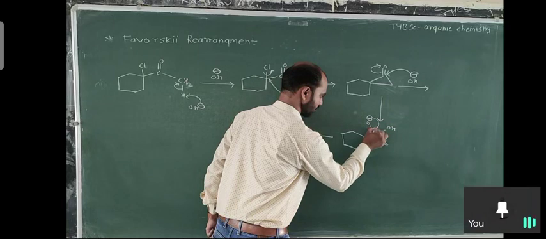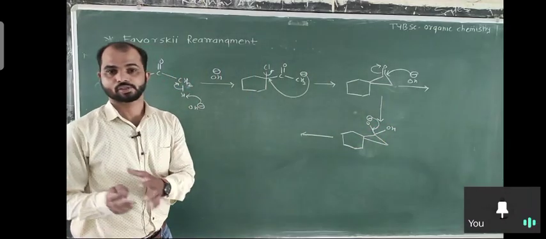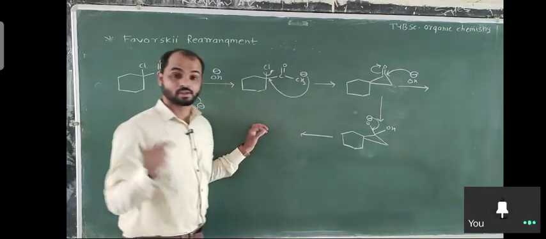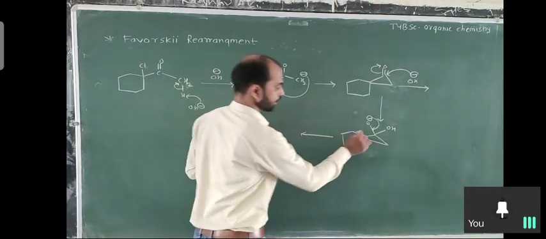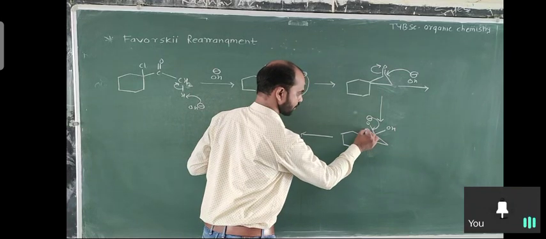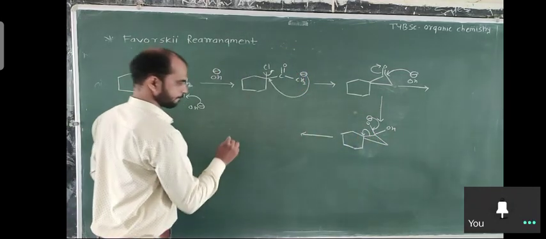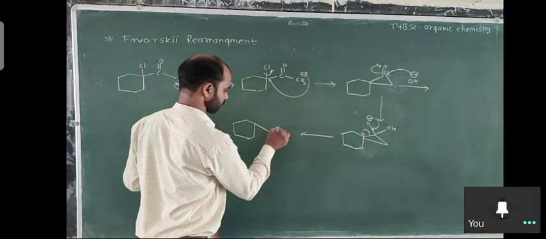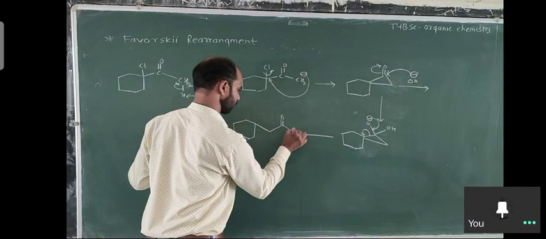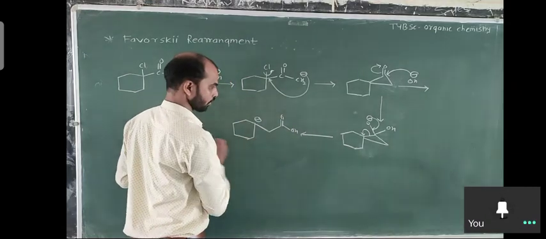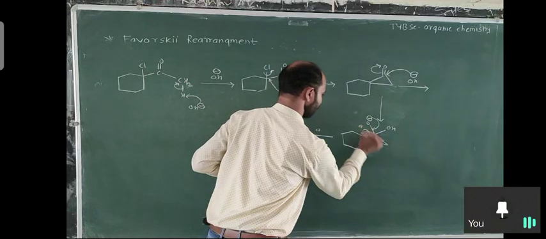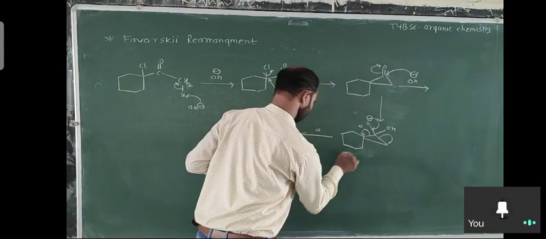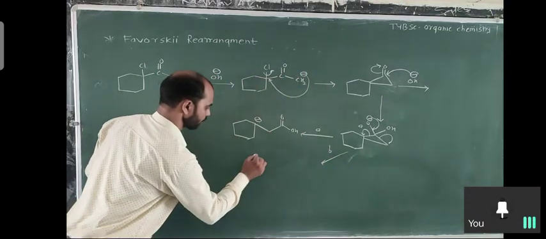So when this comes here, we have two routes, either open here or open here, which is more favorable. When the ring is open, suppose you consider the ring open here, then what do we get? Negative. Suppose this is the A route. Suppose we open here, this is the B route, then what happens?